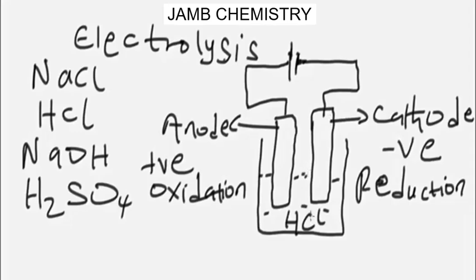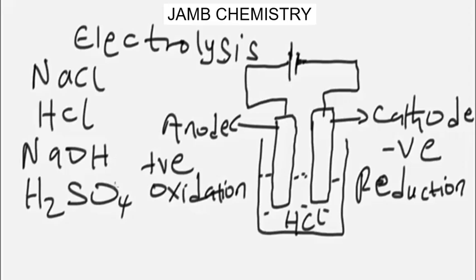Whereas the negative ions in the electrolyte, here the chloride ion, will move towards the anode, the positively charged electrode, and lose electrons, so they become oxidized at the anode to form an atom, whereas the positive ions get reduced at the cathode to become an atom. Take note of this.